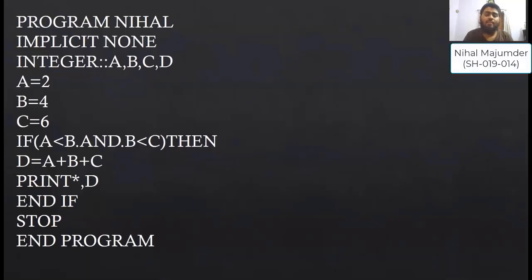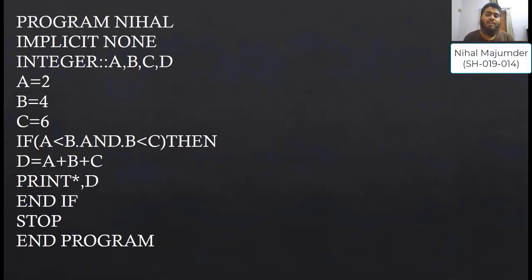If A is less than B as well as B is less than C, then the sum of A, B, and C will be stored in D. Then print D. Here, if the logical expression is true, then the sum will be printed. The logical expression is true because A is less than B as well as B is less than C. That's why we will get an exact output, and the output will be 12.